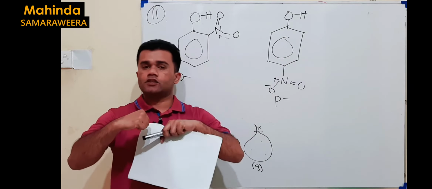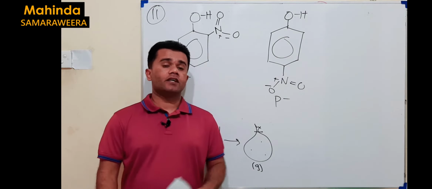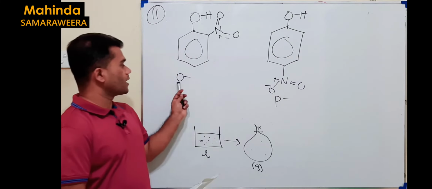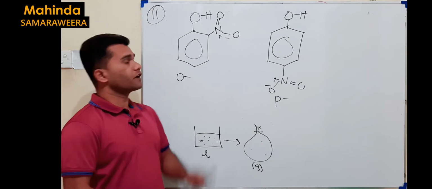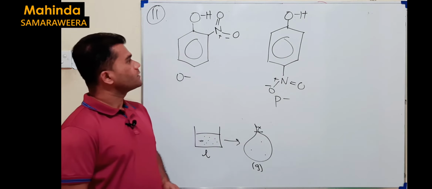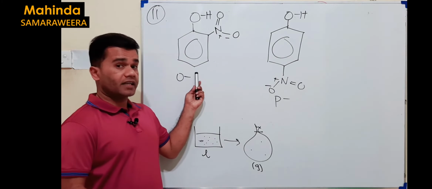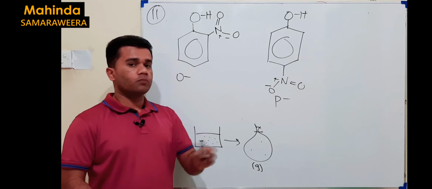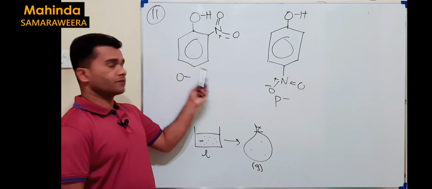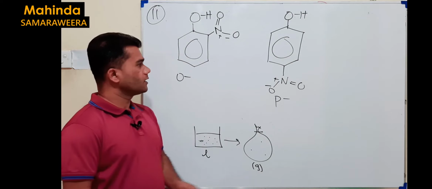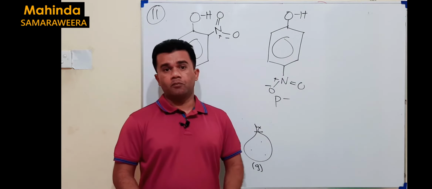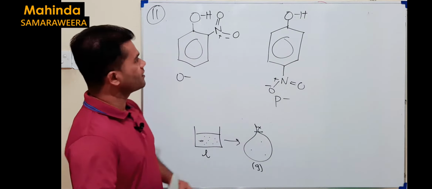If the particles are strongly attracted, it is difficult, right? So it says orthonitrophenol is more volatile. That means the attraction between two orthonitrophenols should be weaker than the attraction between two paranitrophenols. That's the point here.